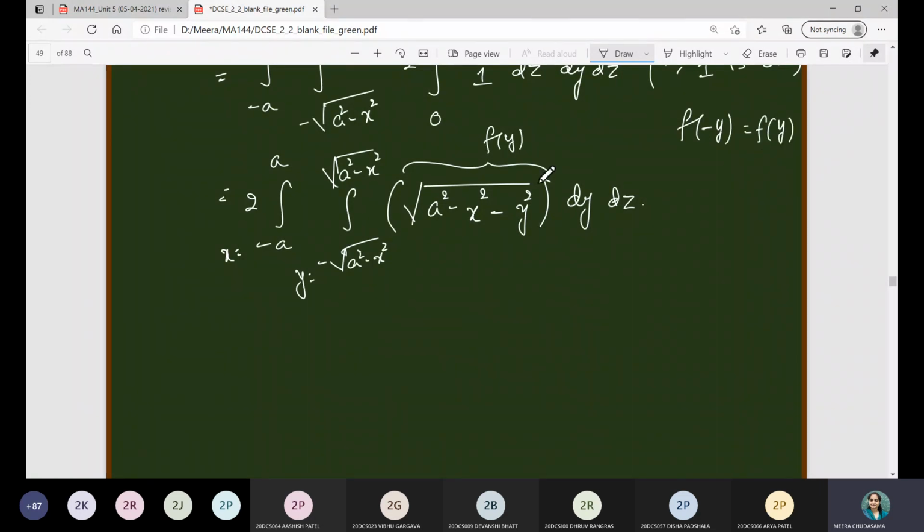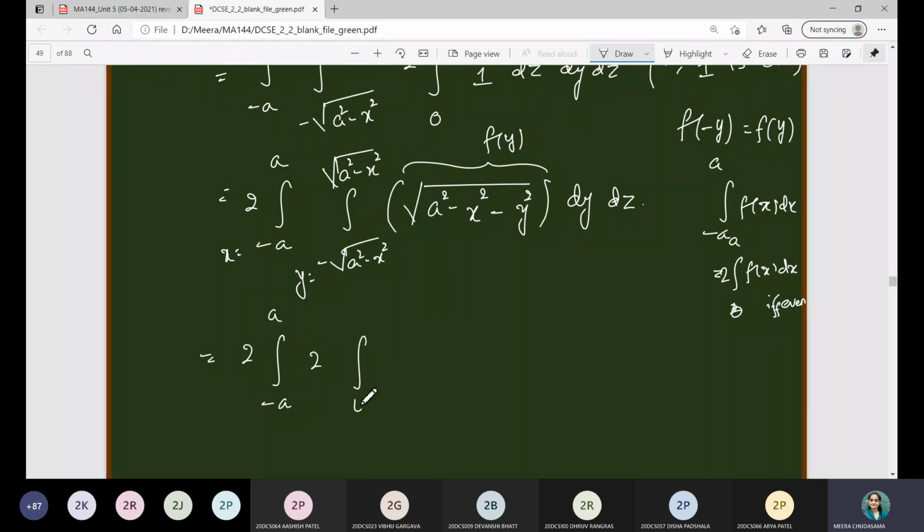So this is an even function, and when the integrand is even, I can write the integral from minus a to a of f of x dx as 2 times the integral from 0 to a of f of x dx. If f is odd, then it will be 0. Again applying the same formula, I can write this as 2 times 0 to positive square root of a square minus x square, of a square minus x square minus y square dy.